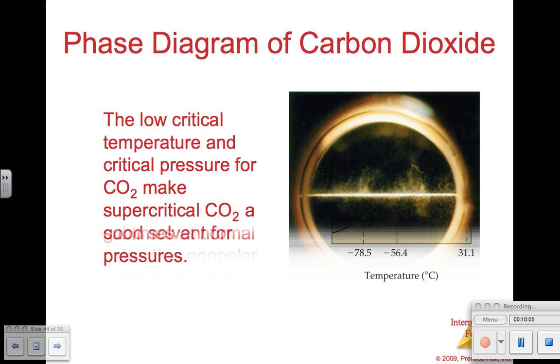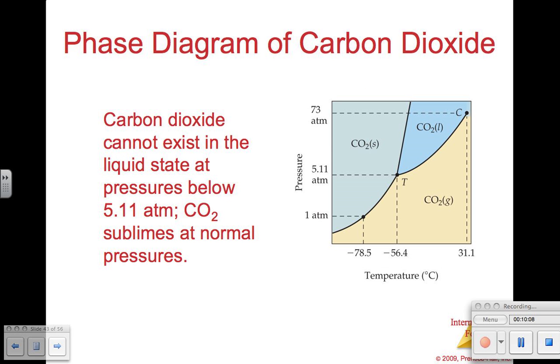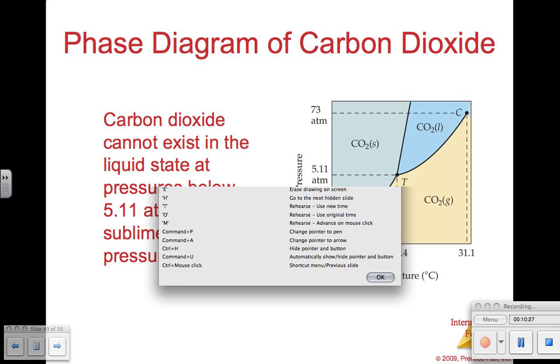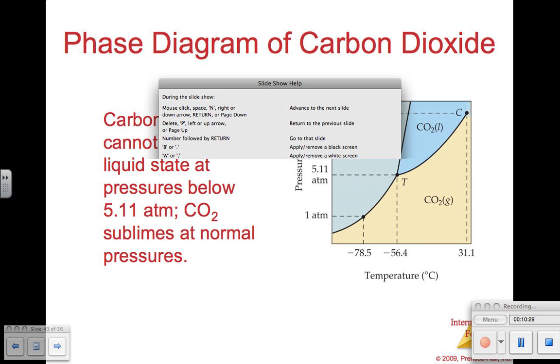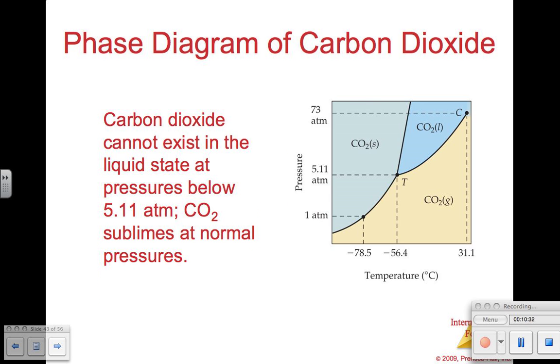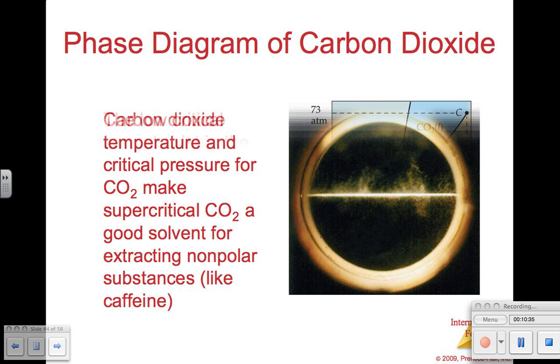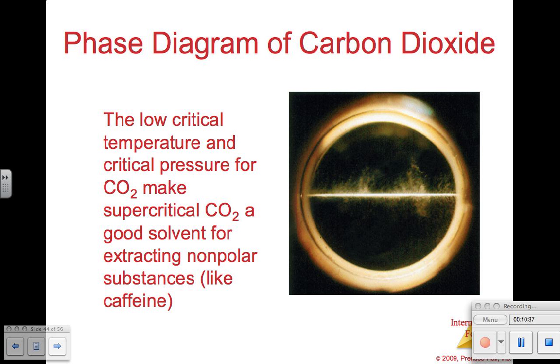If you look at the critical point of carbon dioxide, you need a pressure of 73 atmospheres and a temperature of 31.1 degrees Celsius. That temperature is pretty easy to reach, and that pressure, 73 atmospheres, although that might sound like a lot, and it is significant, isn't insurmountable when it comes to getting just the right type of situation with carbon dioxide.